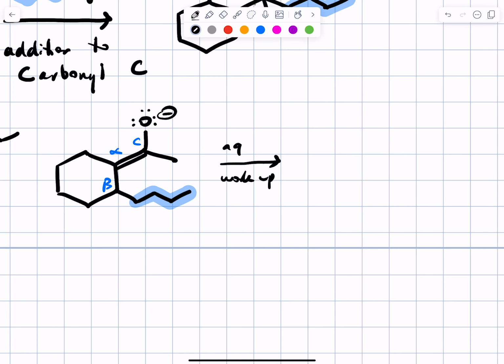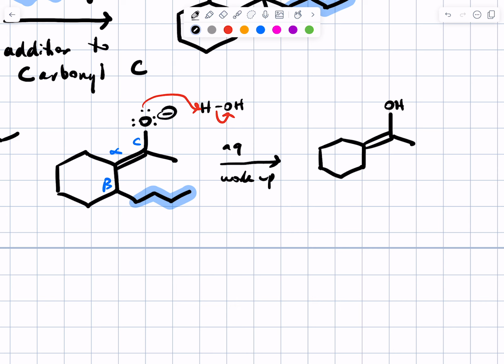When aqueous workup happens, it's actually fastest to protonate on the negatively charged oxygen, and that gives you the following molecule. We will learn about molecules like this later in another chapter.